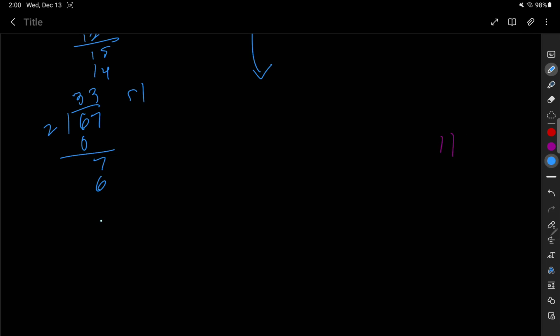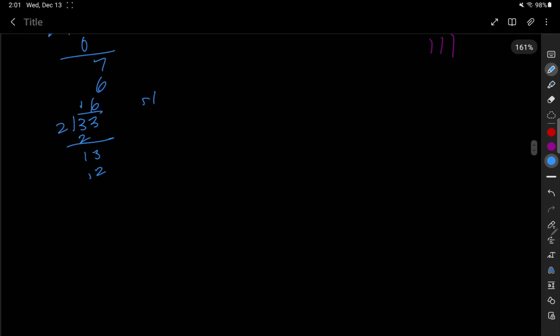And so 33 divided by 2: 2 goes into 3 one time, remainder of 1. 2 goes into 13 six times, gives you 12, so it still leaves you a remainder of 1, so there's another 1 added over here. You add the remainders from right to left.